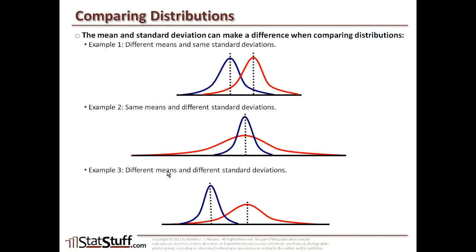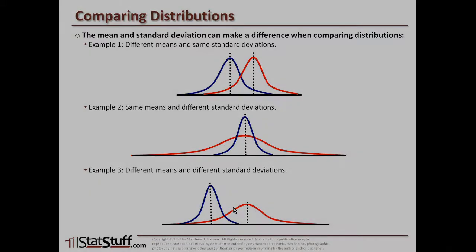In this last case, the third example, we have two different means and two different standard deviations. They're shifted in central tendency, and the shape of the bell curve, representing the spread of the data points around the mean, is also very different between them.